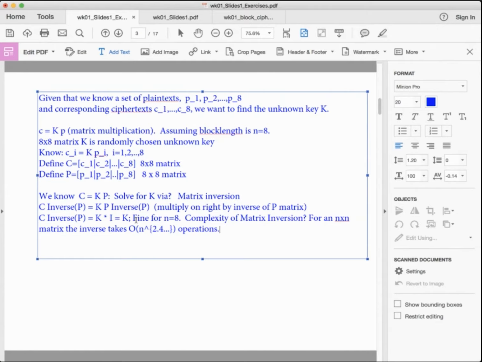It's more than quadratic in the size of n. So for large n, this is prohibitive.